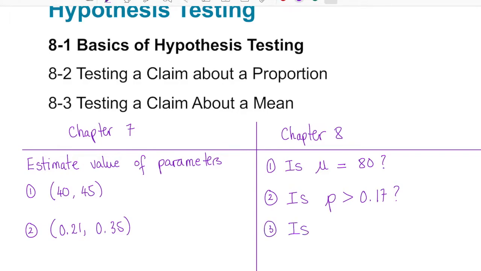Or is mu less than 16? This is what we're trying to answer in Chapter 8. Yes, it's equal to 80, or no, it's not greater than 0.17. And we have to use hypothesis testing in order to answer these questions.